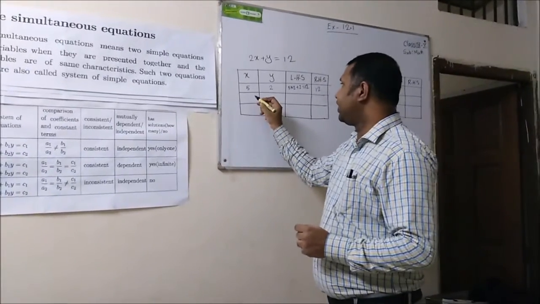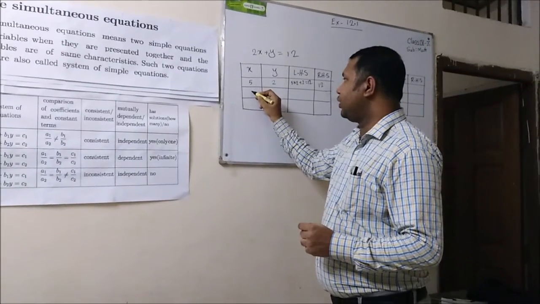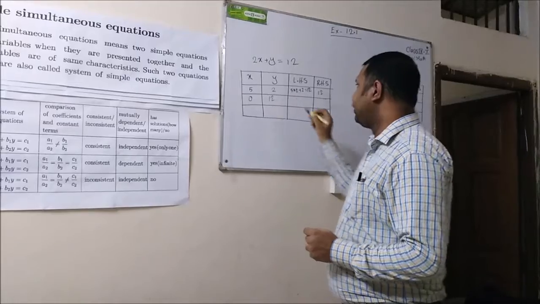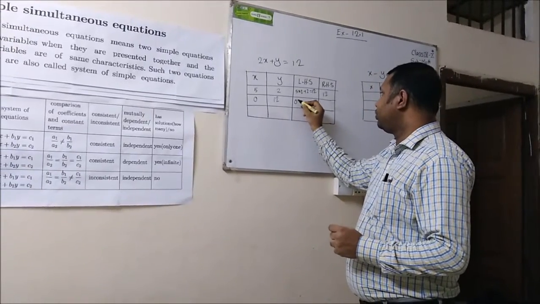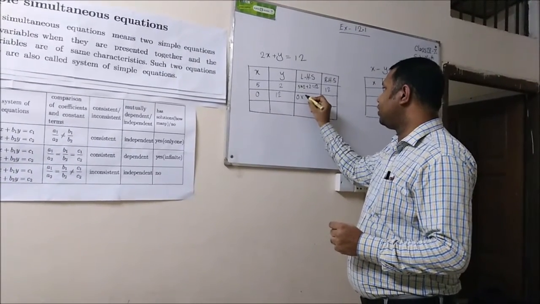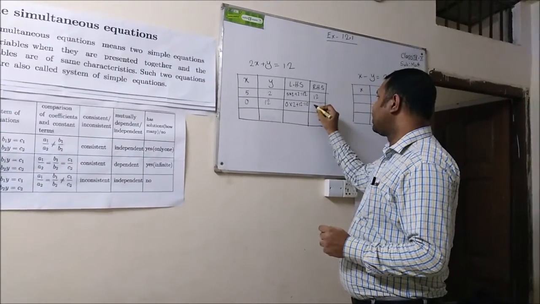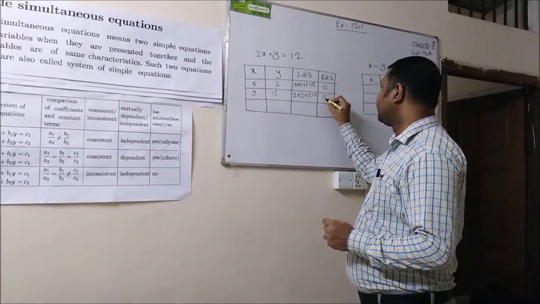Similarly, if I put the value of x as 0 and the value of y as 12, then you will see 2 into 0 plus 12 equals 12, whereas your right hand side is also 12.